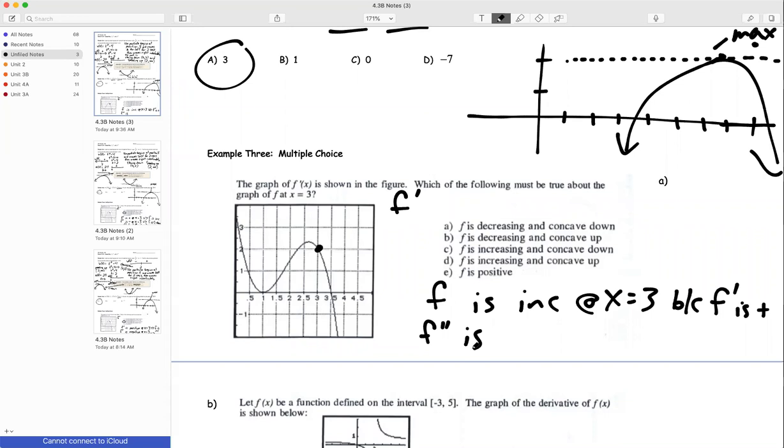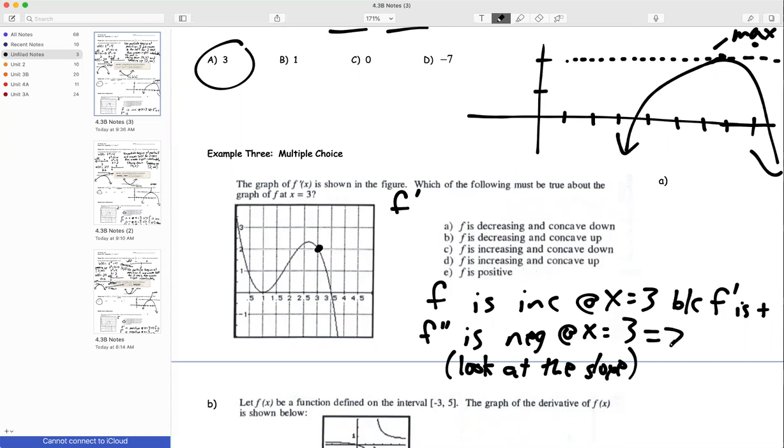If I have the first derivative and I want the second derivative, I need to look at the slope because the derivative is the slope. So looking at this point, do I have a positive slope or a negative slope at 3? It's a negative slope, right? Therefore, f double prime is negative at x is equal to 3. Look at the slope, which implies that f is concave down.